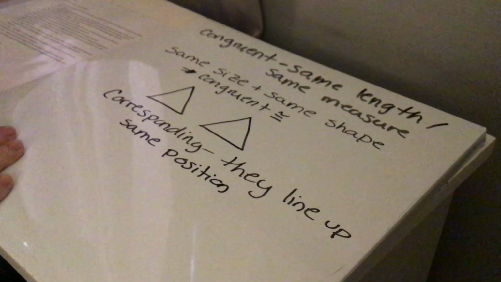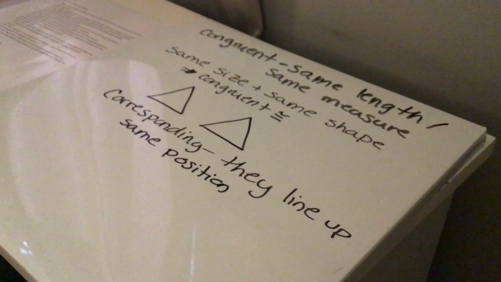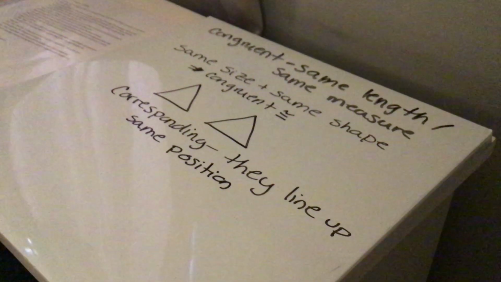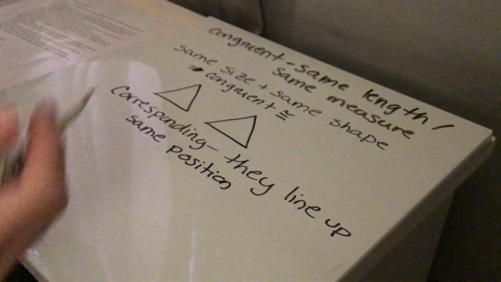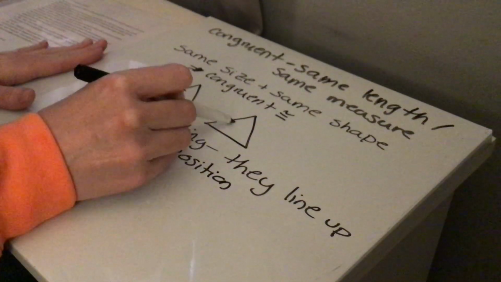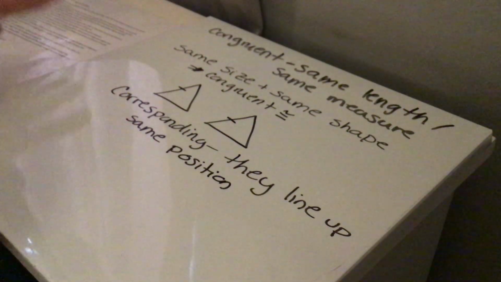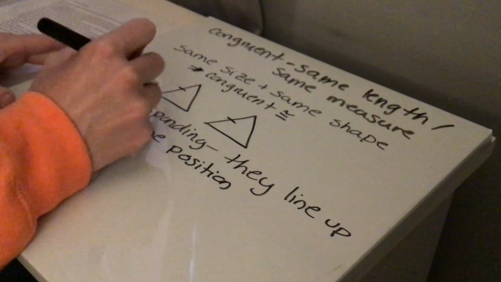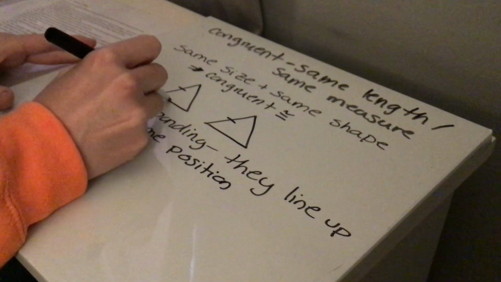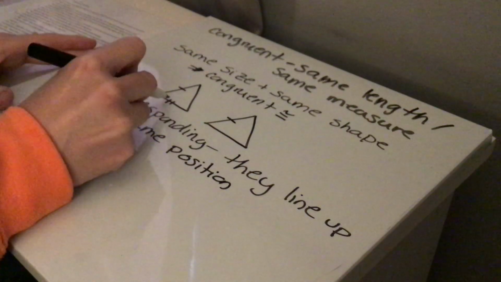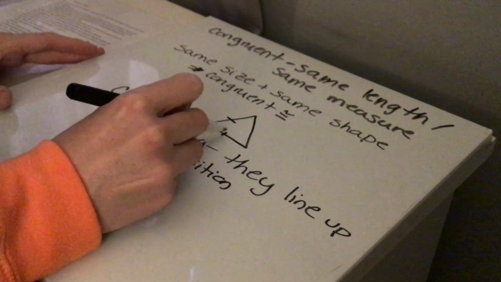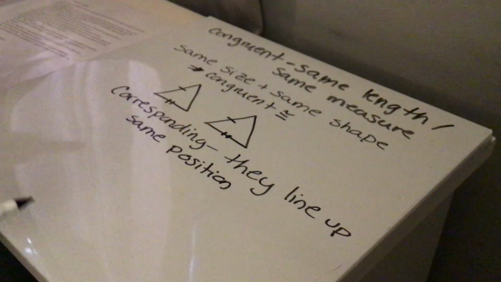Okay? And then you can use markings on your drawings to show that they're congruent. So if I put one marking here and one marking here, that means those two sides are congruent and they're corresponding. And if I want to say that they're different lengths, like this side is different from this side, I'm going to put 2, but then I'm going to say it's congruent to this one. So it has 2, right?